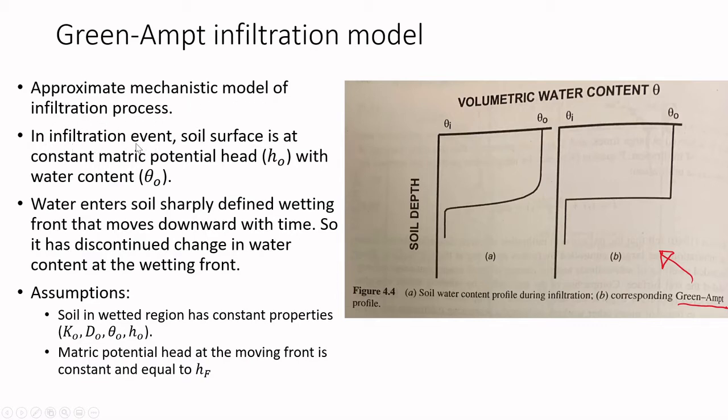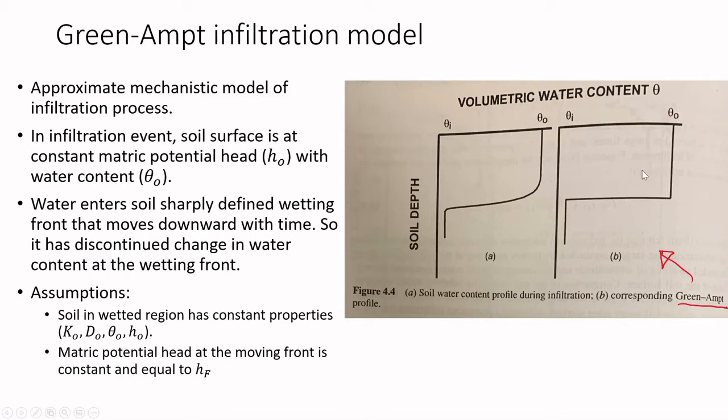In an infiltration event, the soil surface is at constant matric potential head. Matric basically means matric suction. Here is h_0 with the water content theta_0. Water enters the soil with a sharply defined wetting front that moves downward with time. You see that the actual one is not so sharp, it has a wetting front that is not exactly sharp.